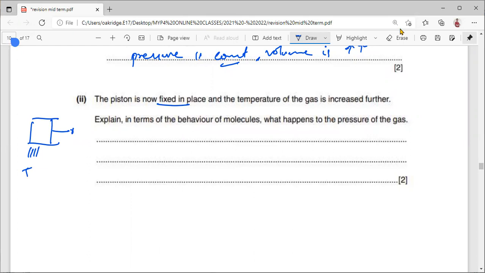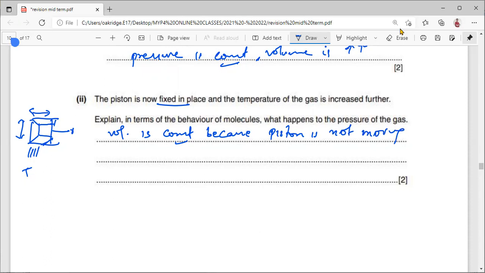Now, when I fix this, it is not going to change, and if suppose this has a region like this, this is also not going to change. That means the volume remains constant. So the volume is constant because the piston is not moving.